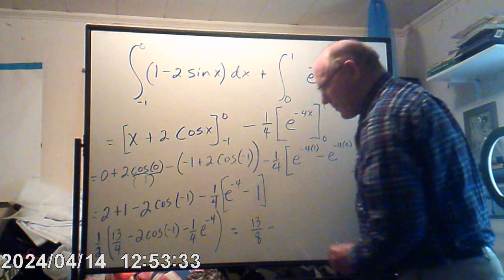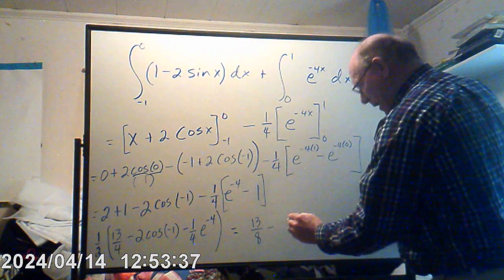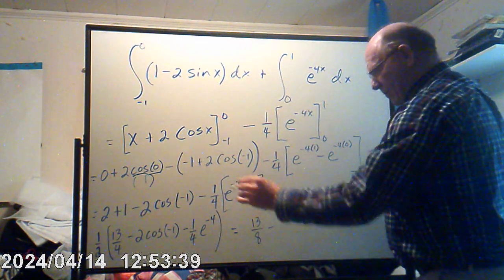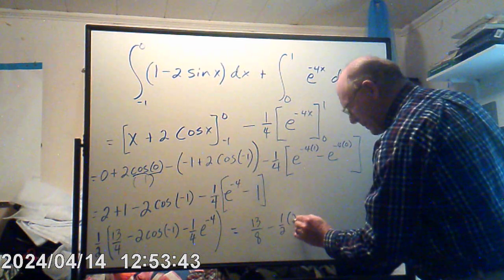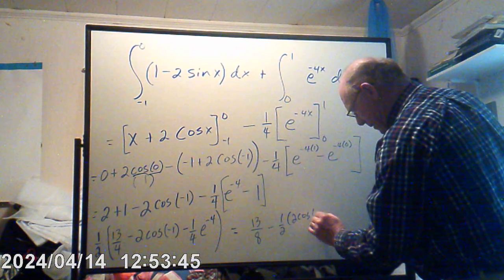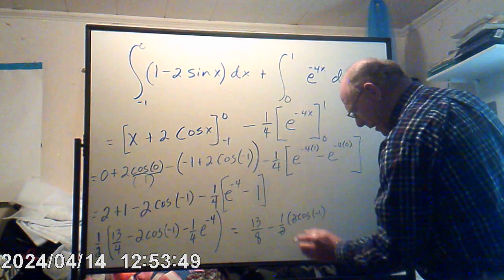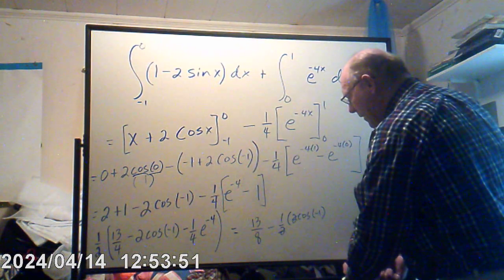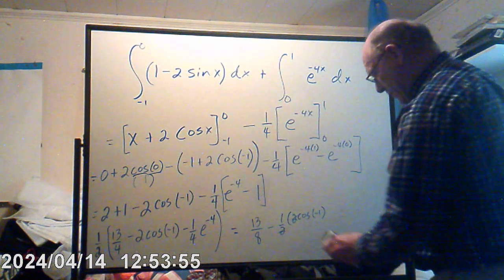That looks good so far. This is minus 1/2. Okay, so 1/2 times 2 cosine of -1. But then when you think about that, the 2's cancel out or divide out. So that is going to be just cosine -1.